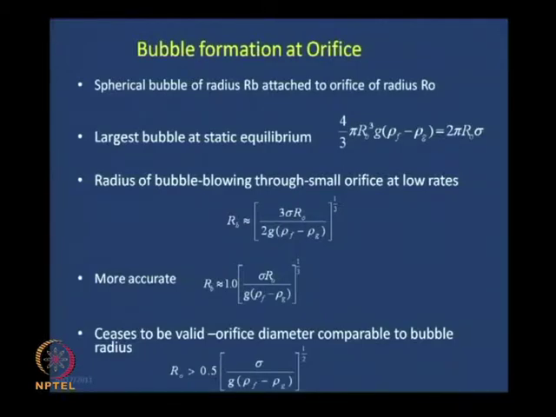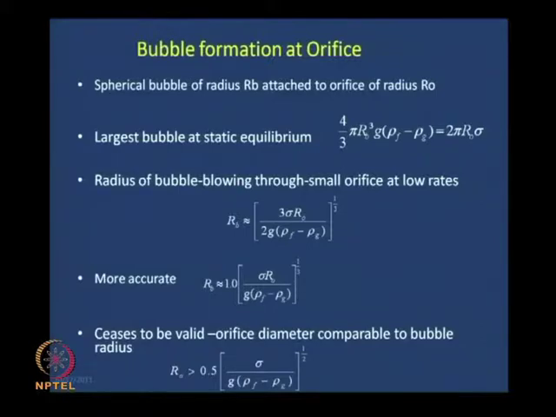But more or less under normal circumstances, the spherical bubble radius can be obtained from this particular expression, and it is more or less accurate. So, this was for bubble formation at the orifice.